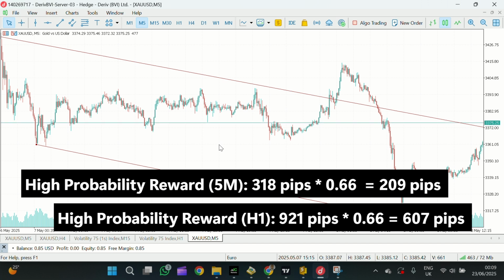All right. So this calculation right now will give you what to do. If I say that I'm going for 318, and I want to go for a very strong, high profit, I will multiply by 0.66.